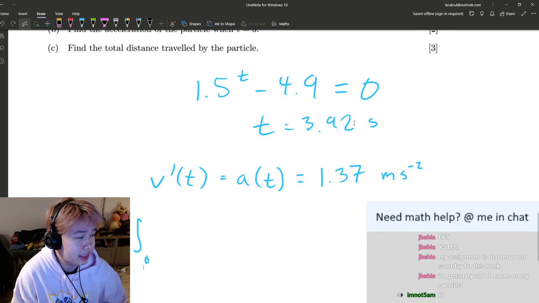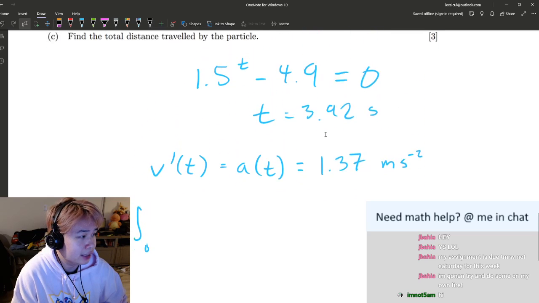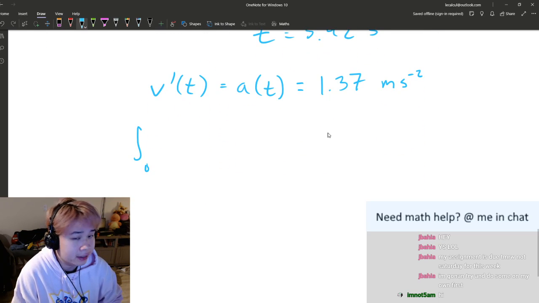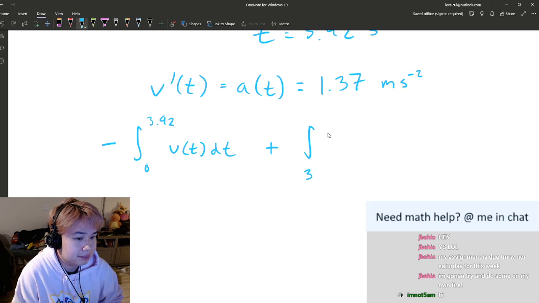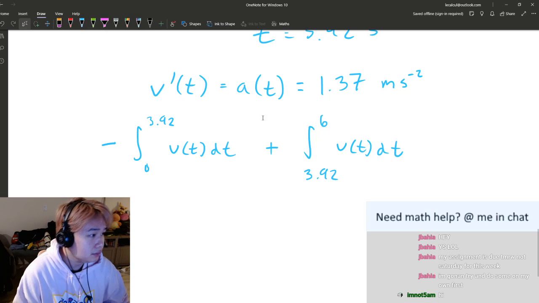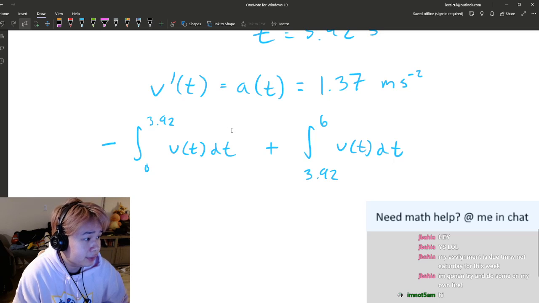And that's why we found out the intercept first. So it's at 0 at 3.92, so that's why we're splitting it off. Okay, so that was the negative part. So then I'm going to subtract that to the positive part, which is from 3.92 to 6. And again, we can just do all of this stuff in our calculator.